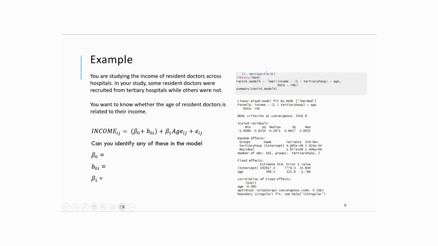But if you work in a tertiary hospital, you're going to have this addition. So doctors who do not work in a tertiary hospital earn about 193. And if you work in a tertiary hospital, we saw that it was very small. But also, for every unit increase in age, I'm guessing from 0 to 1 to 2 and so on, you would earn an additional $389 as a doctor. So this is an individual level effect. It's not a group level effect.